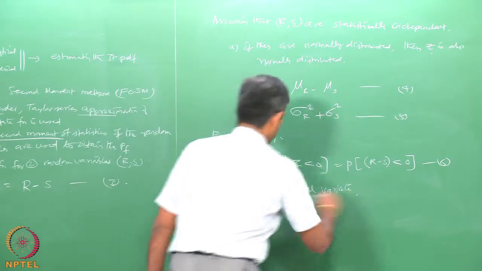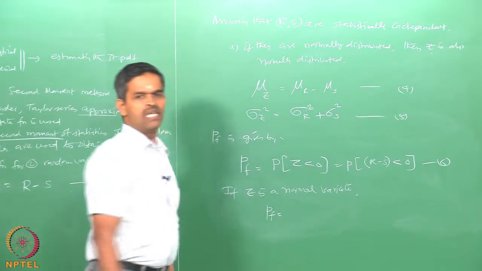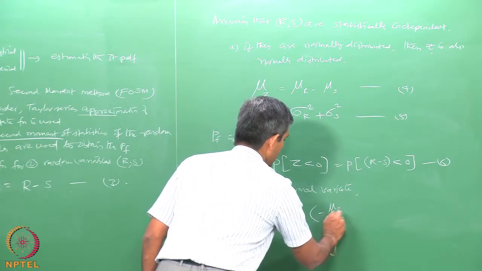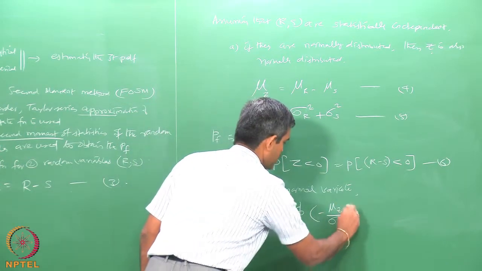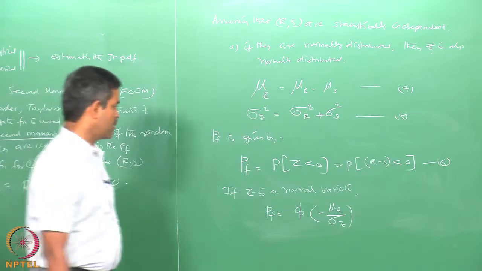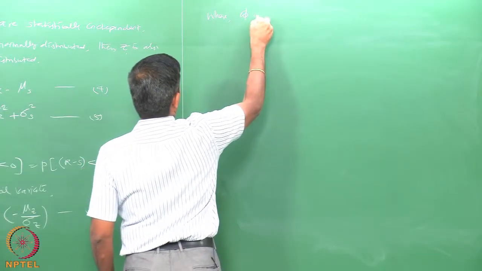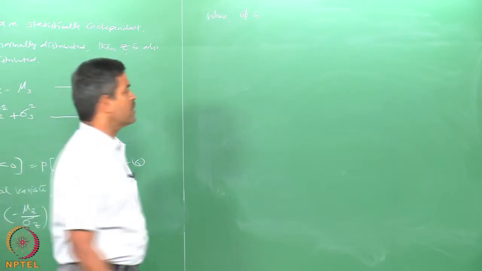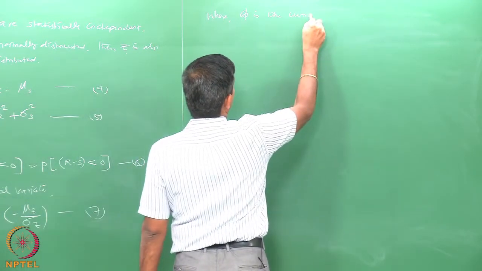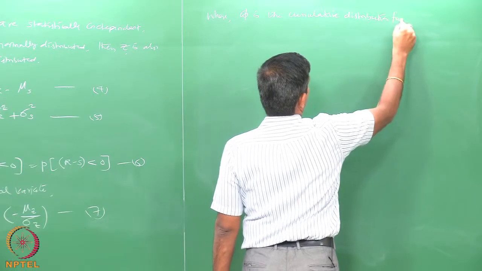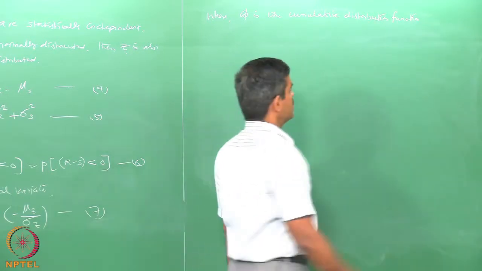In that case, the probability of failure can be easily given by a closed form solution, which is the phi function of minus mu Z by sigma Z, where phi is the cumulative distribution function of the standard normal variable.